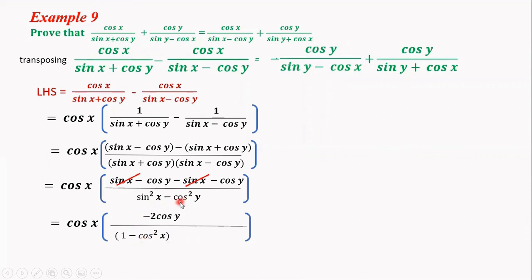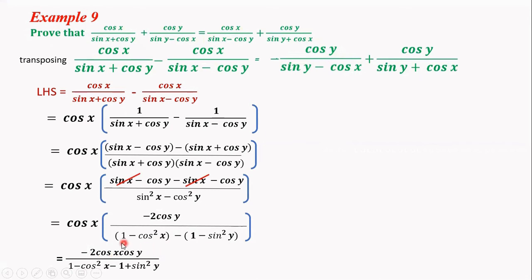Similarly, we are going to change this cos square y into sine, by using the formula cos square y equals 1 minus sine square y. Now, in the numerator portion, the cos x will get multiplied to this minus 2 cos y. So it becomes minus 2 cos x cos y.